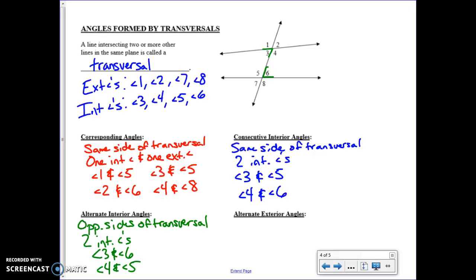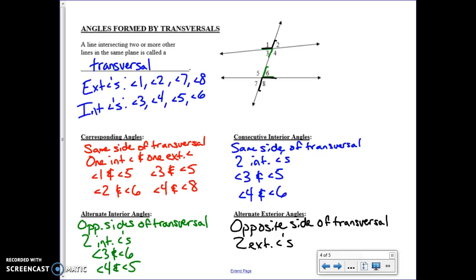Okay, then one last set, alternate exterior angles. Again, these are on opposite sides of the transversal. And they're both exterior angles. So if I have angle 1, we're going to the opposite side.